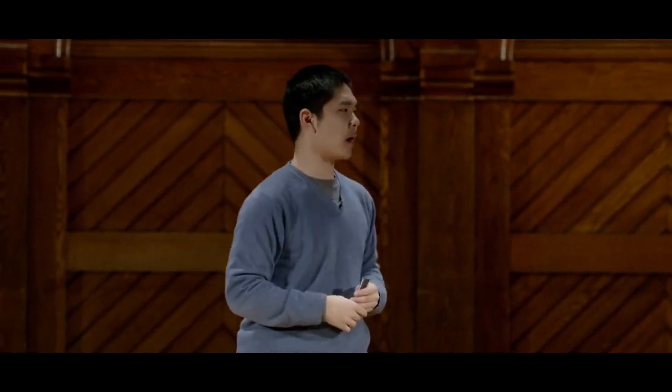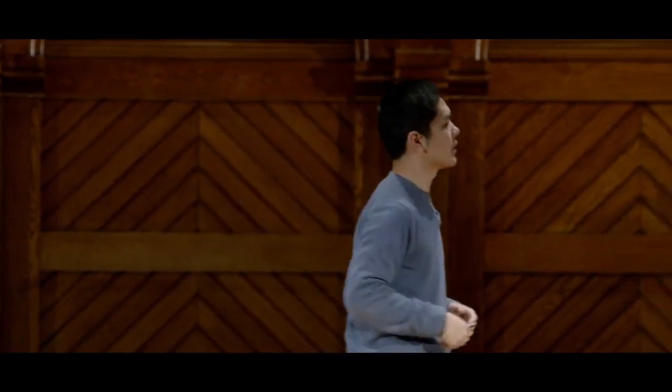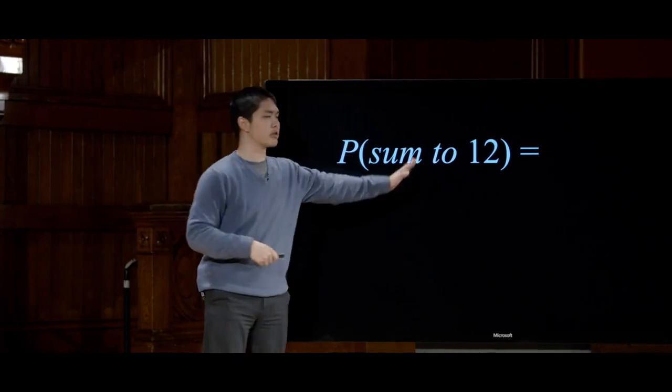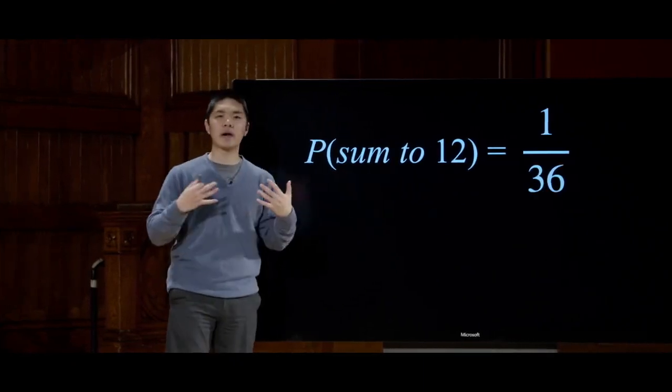So based on just taking a look at this diagram, we see that some of these probabilities are likely different. The probability that the sum is a 7 must be greater than the probability that the sum is a 12. And we can represent that even more formally by saying, OK, the probability that we sum to 12 is 1 out of 36.